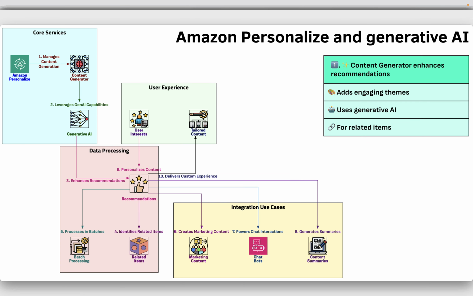Amazon Personalize and generative AI. So Amazon Personalize works well with generative artificial intelligence. Amazon Personalize content generator, with the help of generative AI, can add engaging themes to batch recommendations for related items. Content generator is a generative AI capability managed by Amazon Personalize.